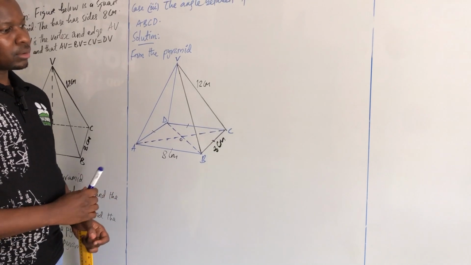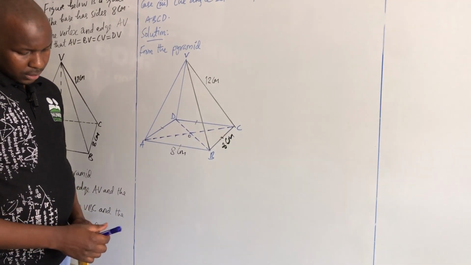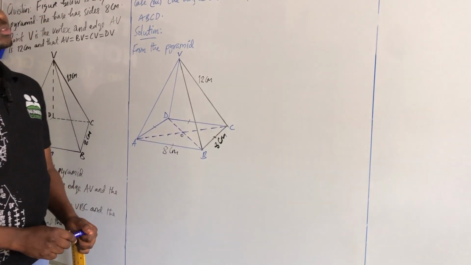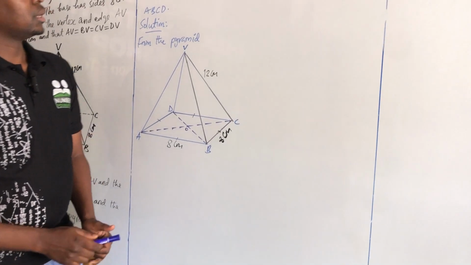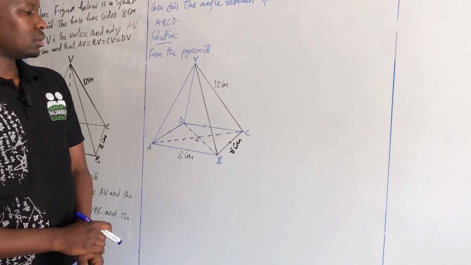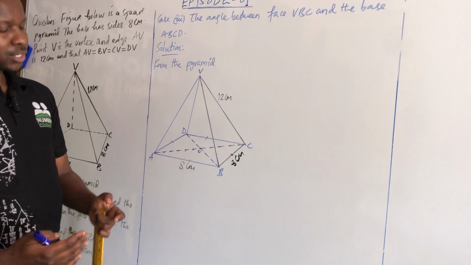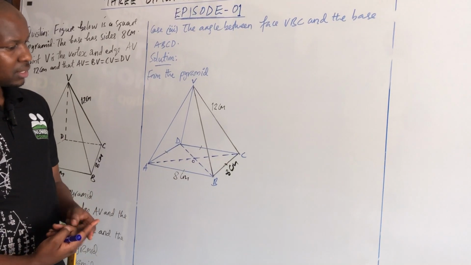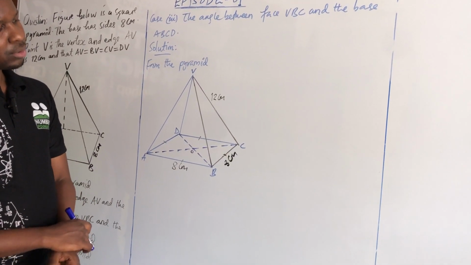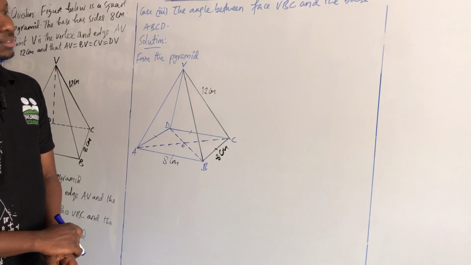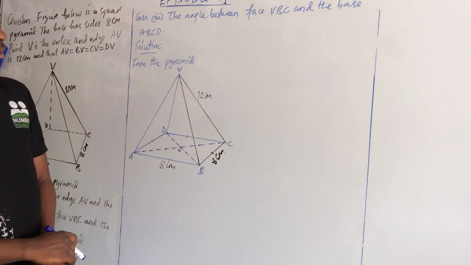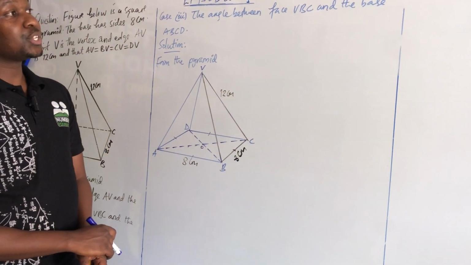Now what will be the angle that is formed between the two faces? The angle between the two planes, or the two faces, is the angle that is formed at the line of intersection where the two planes meet. And this angle is formed at a point on that line of intersection by the perpendicular lines from each plane.